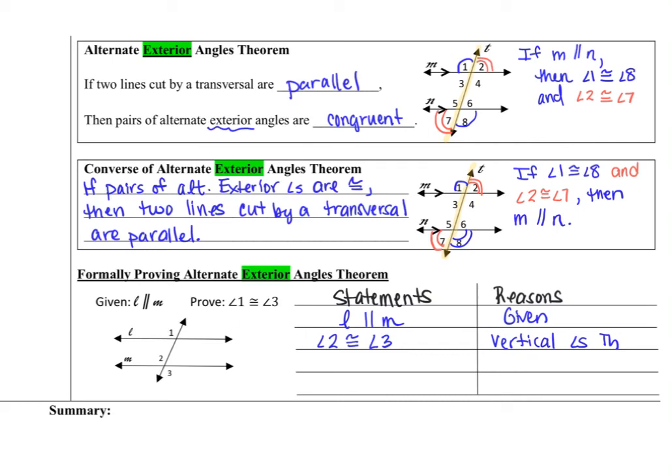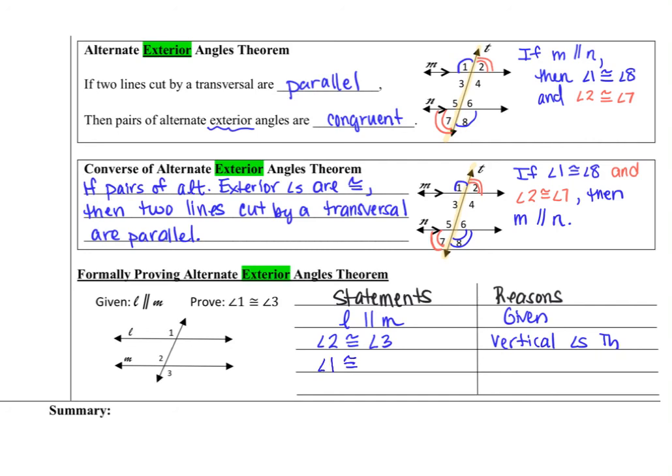Then to prove that 1 and 3 are congruent, I need to work in angle 1. So you're going to find a relationship between angles 1 and 2. What kind of relationship do angles 1 and 2 have? Angles 1 and 2 are corresponding angles, meaning that they are congruent.